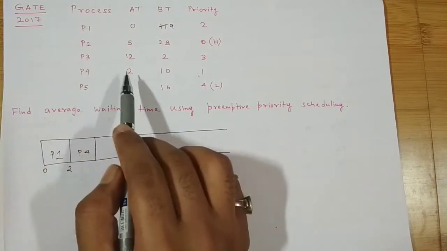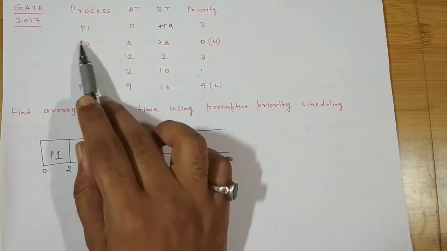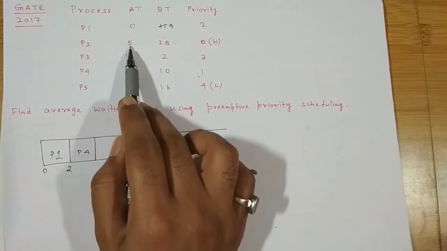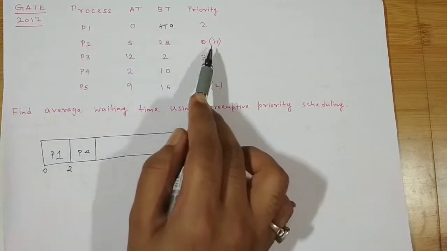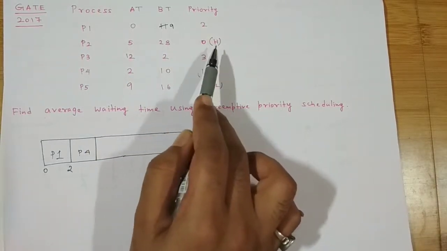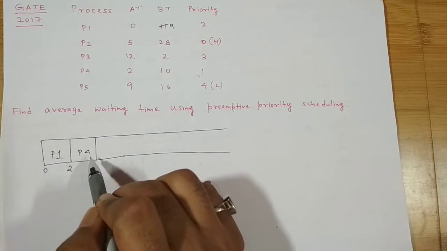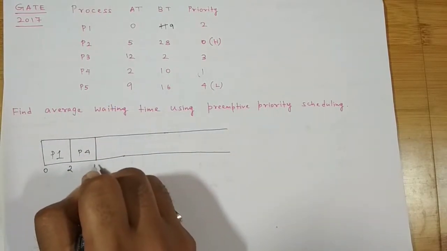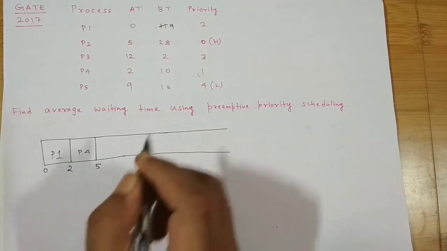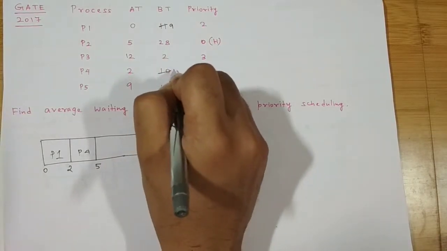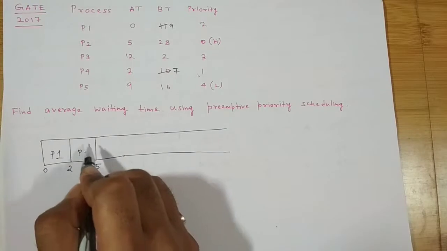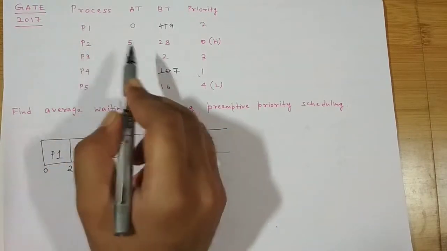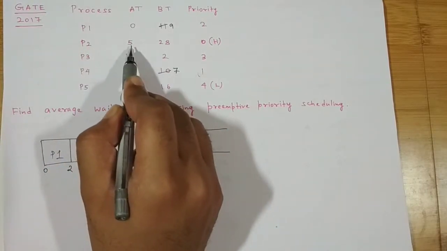Now we can find that the next process to be available is P2 at time unit 5, and it also happens to be the process with the highest priority. So process P4 will run till the 5th unit of time. So it will run for 3 units, and it will have 7 more units left, and it will give up the CPU to P2.